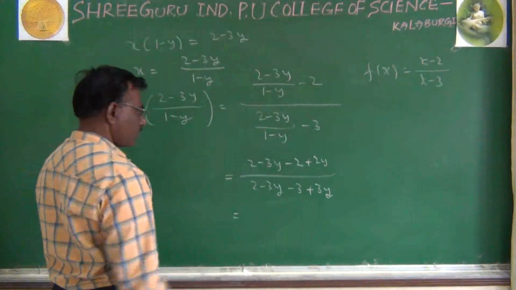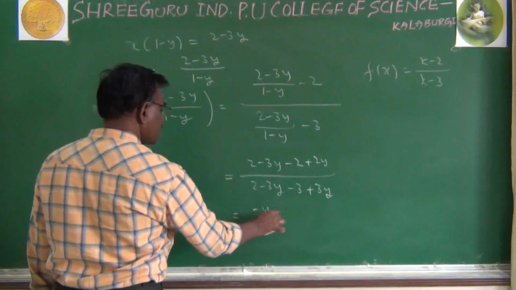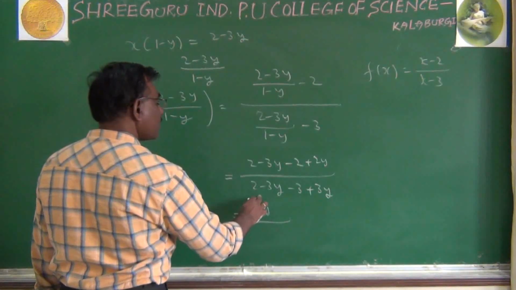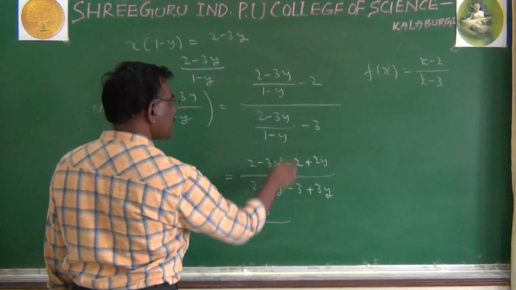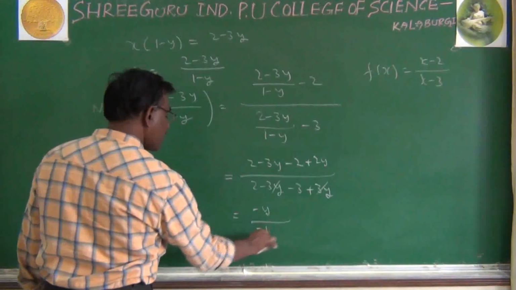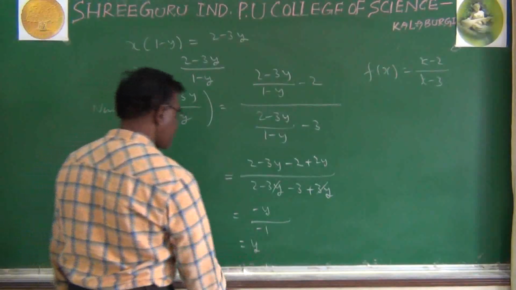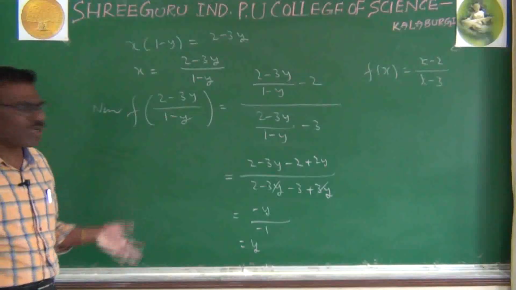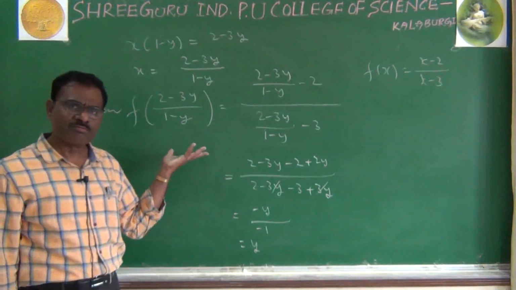This is equal to minus y divided by minus 1, so y. So we got y, even if you take this x, no problem.